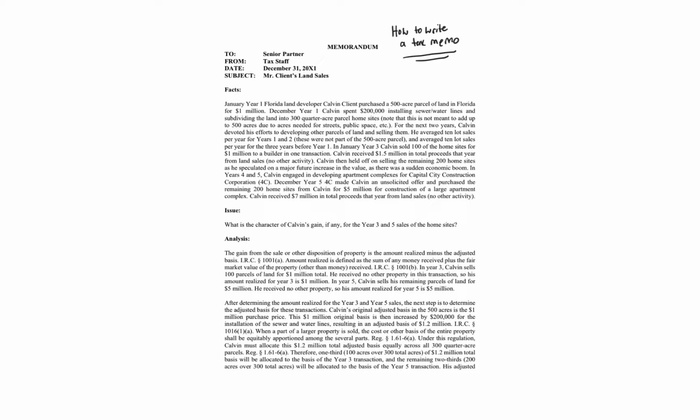Now, I want to go through the facts, very important. You're going to see there are a lot of crucial dates: year 1, year 2, year 3, year 4, year 5, year 0, year -1, year -2. I don't think there's a crazy amount of facts compared to what I've seen in practice.